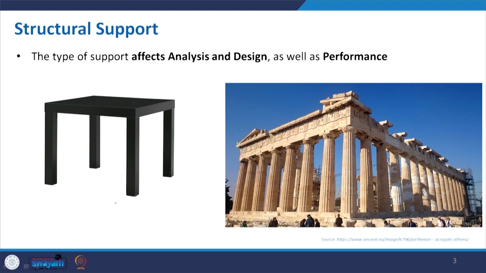But there are similarities, and I know all of you can find them. In both cases there are some piers, or we can compare them to the columns of a building, and then we have a slab over it.